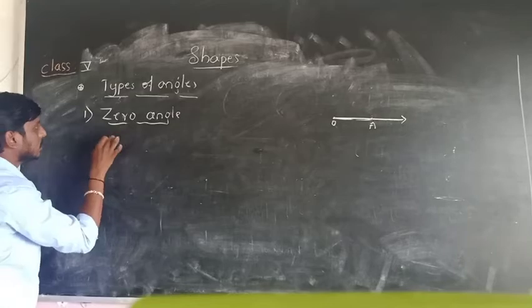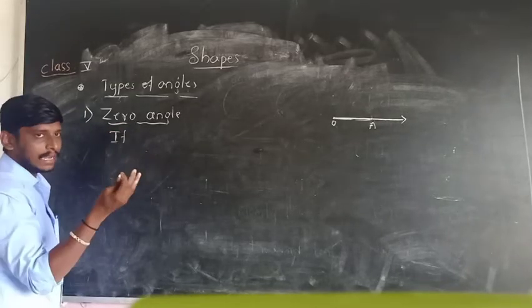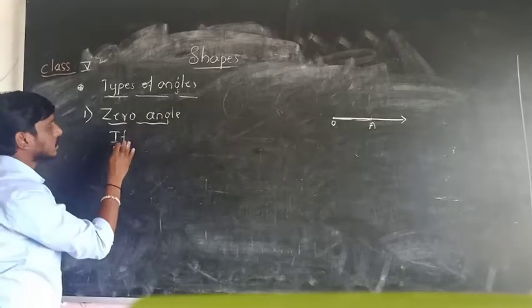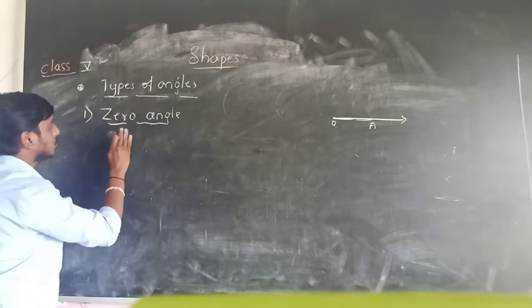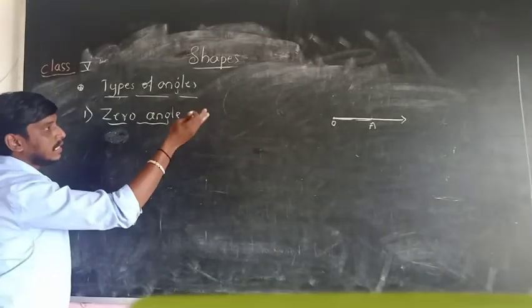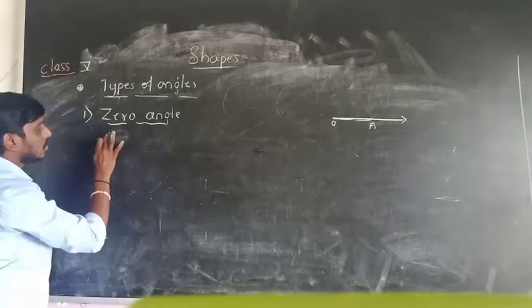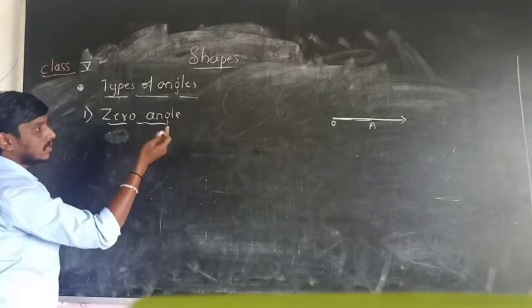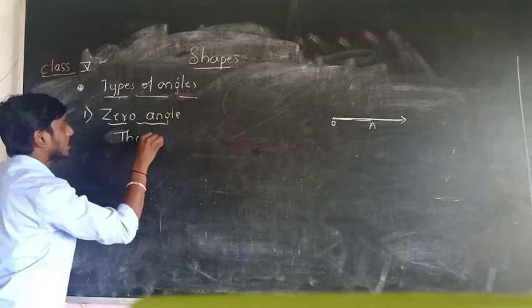So how to write the definition? The measure of an angle which is equal to 0 degree is called zero angle. Or if the initial ray doesn't move any distance and there is no angle formed, such angle is called zero angle. You can follow either that one or this one.